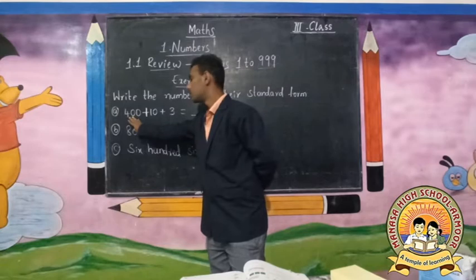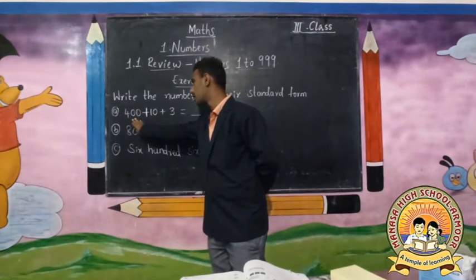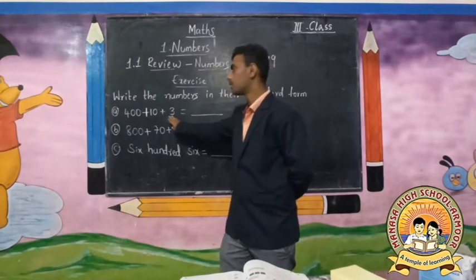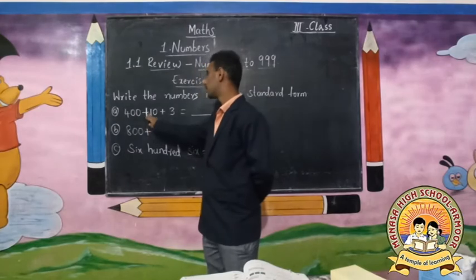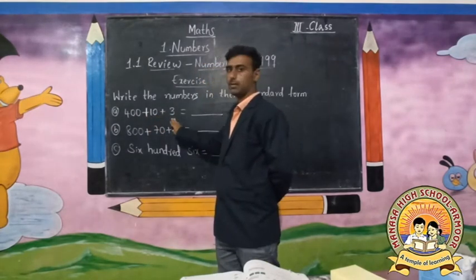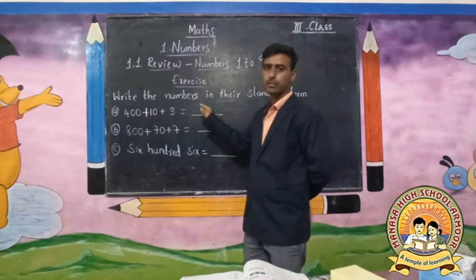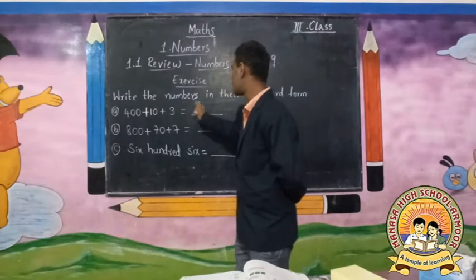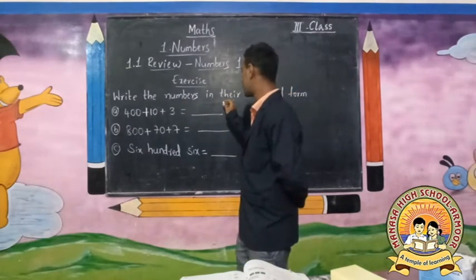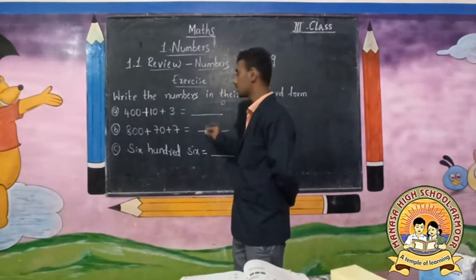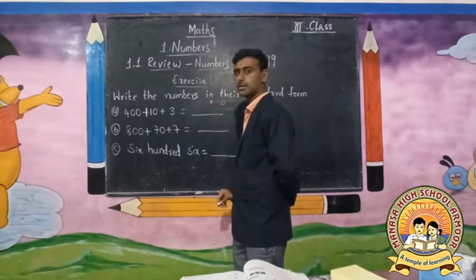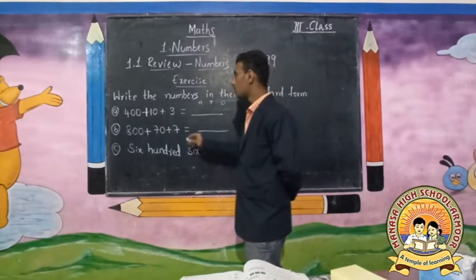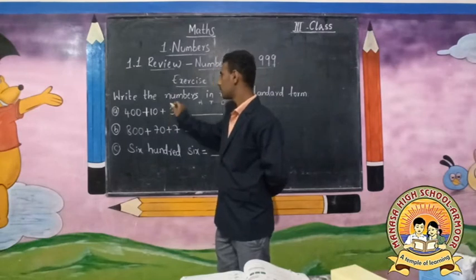Here, look at this question, children. 400 plus 10 plus 3. So, by using places, we have to write the number in standard form. So, you know very well places. Ones place, then after comes tens place, then after comes hundreds place.